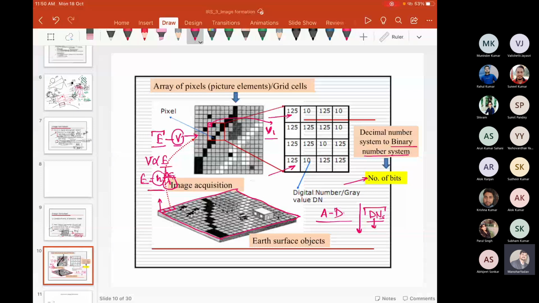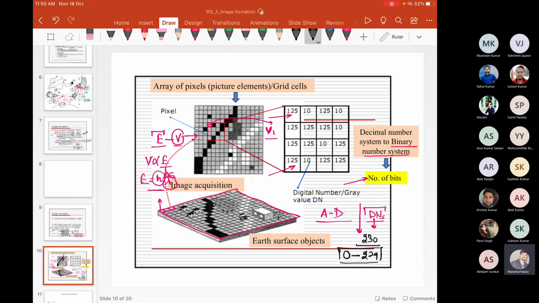Let's say we want to generate 230, we are dividing into 230 segments. So 230 segments means we have digital numbers from 0 to 229, which are used for the representation.